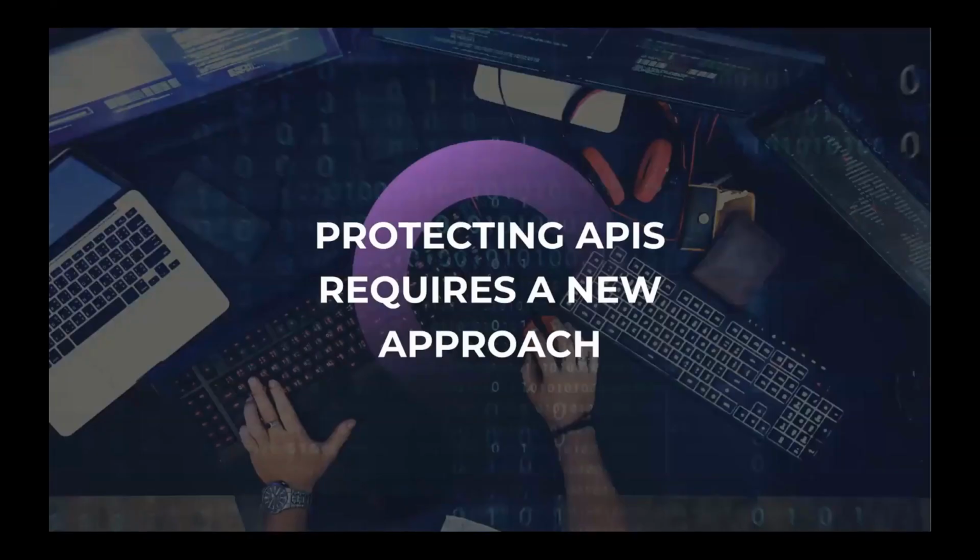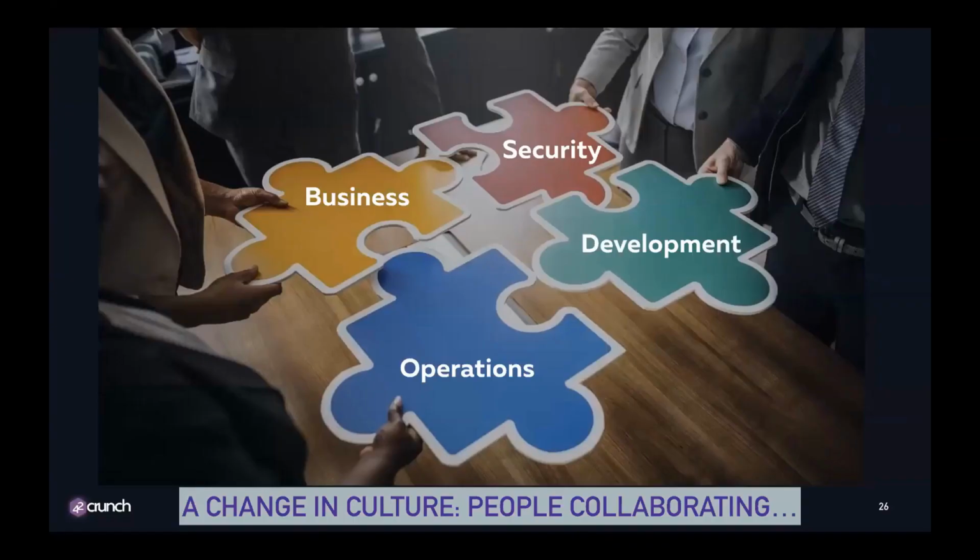So in order to protect APIs and how we work, we just require a brand new approach, and we have to do things differently. The first thing we have to do is really a change in culture, because traditionally what has happened is, we have development, they're working on their applications, right? They're doing all their testing, functionality testing, etc. And at some point in the life cycle of the API or the application, they will go to security and say, hey, this is this application, go and analyze it and tell us what's wrong, right?